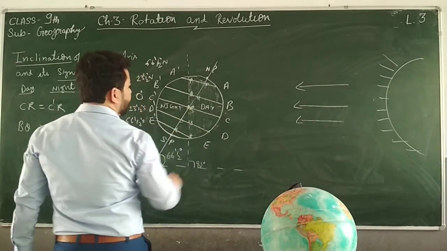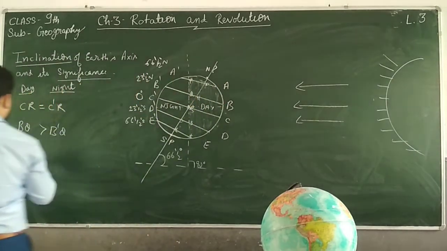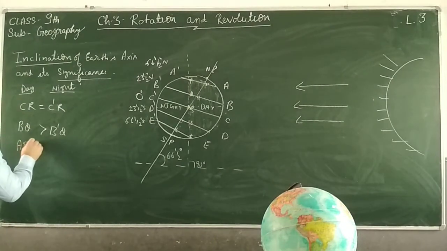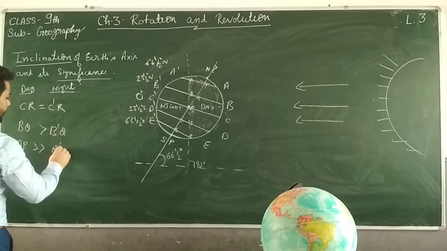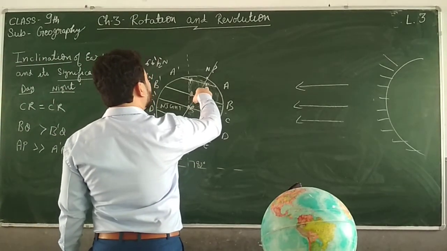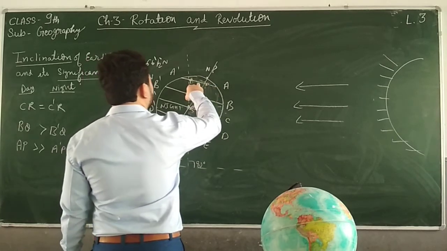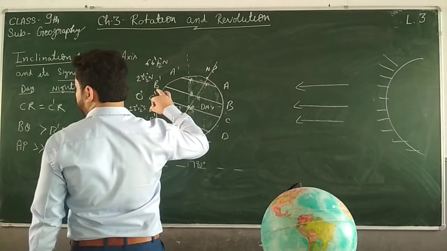Clear? Likewise, the length of AP is much bigger than the length of A dash P. So here you can say that the day is even longer towards the North Pole of the Earth. Clear?